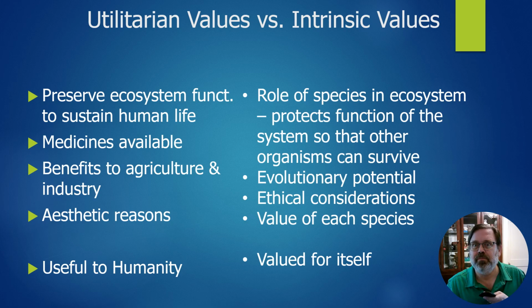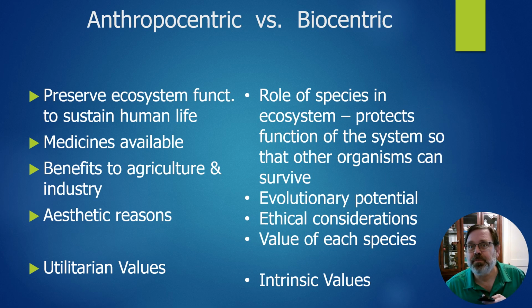It has value in and of itself, and its role, whether it helps humans or not. These correspond to anthropocentric and biocentric worldviews. Anthropocentric worldviews would be human-centered, focused more on utilitarian values, versus biocentric would have more focus on intrinsic values.